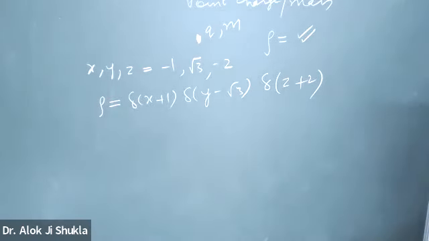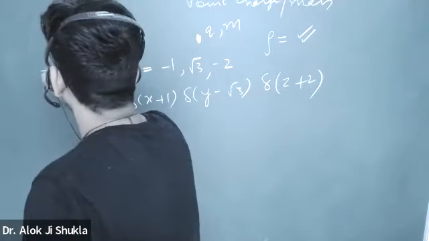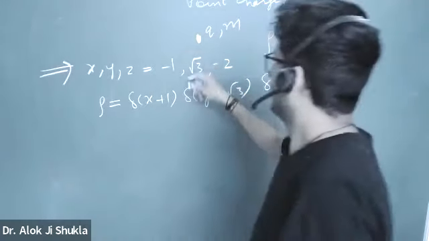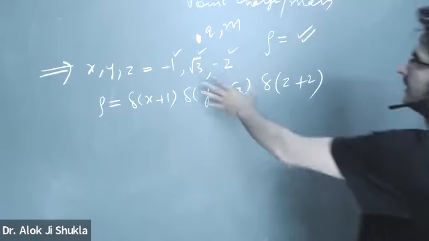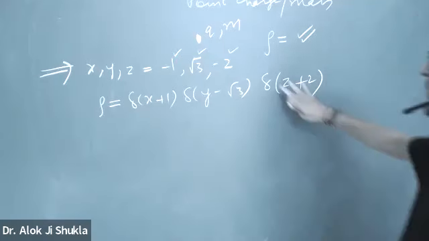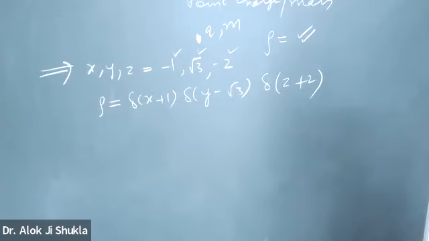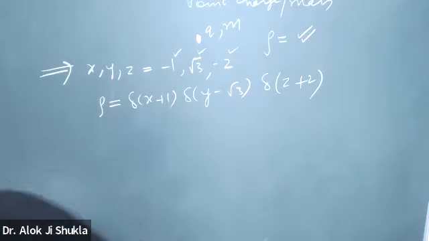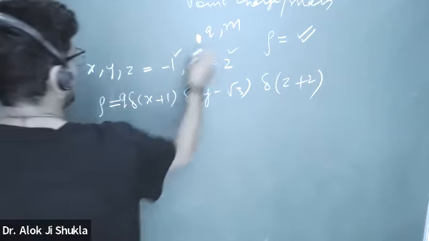Okay. So suppose this is the point at which this charge is present. How to represent that charge in the form of density? You can see it will be represented like this. If charge Q is there, we will multiply by Q. Let us put it Q naught.